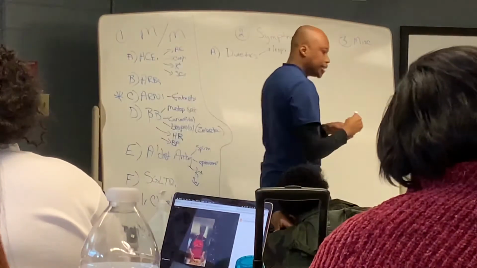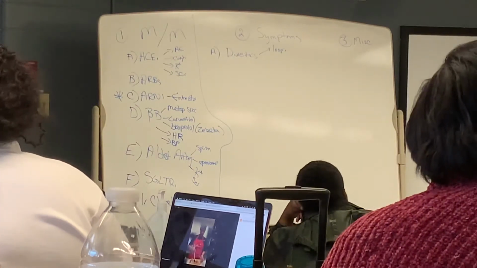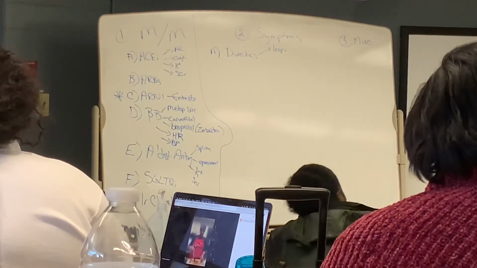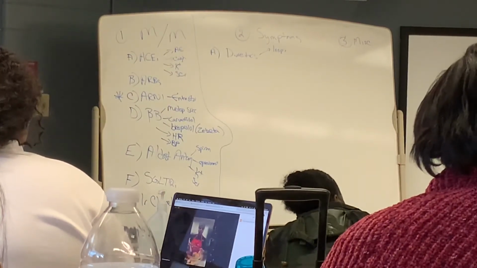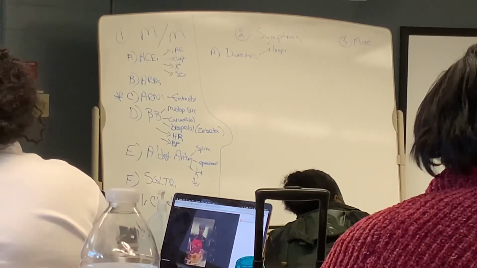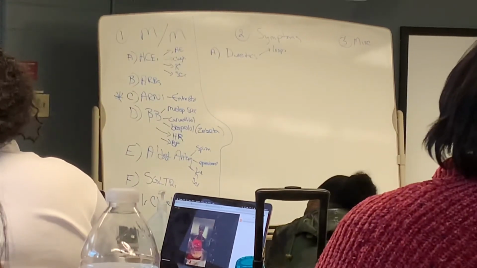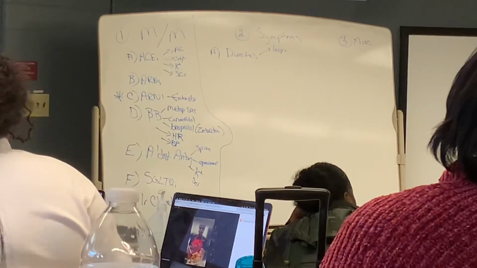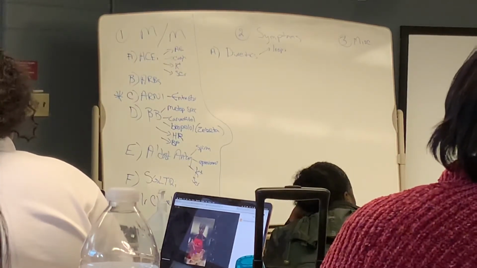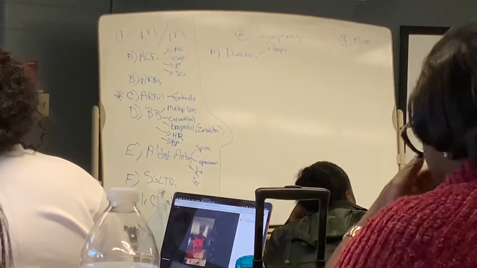Which diuretics specifically? Okay, so not HCTZ? HCTZ? Yes? No? Why not? Well, it's going to depend on the edema, right? HCTZ is a diuretic that will cause you to release a little bit of fluid, but it's more so there to kind of help bring your blood pressure down some.